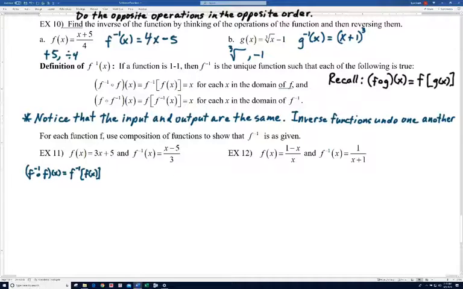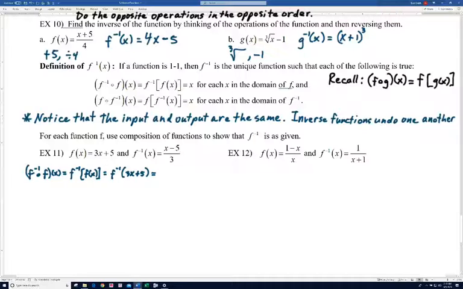So first of all, we need to find f inverse of f of x. So we would write that as f inverse of f of x. Well, f of x is 3x plus 5. And so we're going to plug 3x plus 5 as an input into the f inverse function.